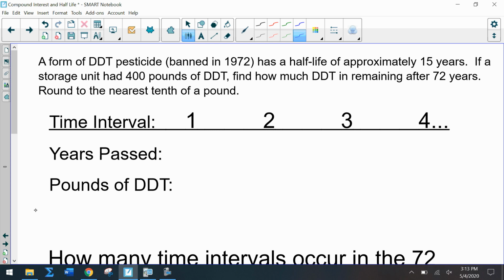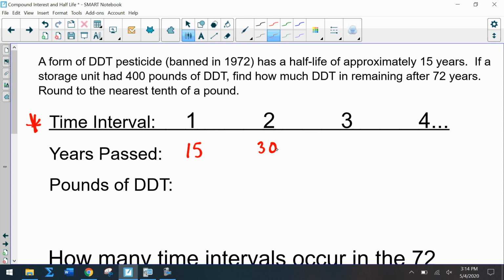We want to find out how much DDT would still be remaining after 72 years. That's a long period of time. If we think about this in terms of time intervals, after one time interval, 15 years have passed. After two, 30 years.